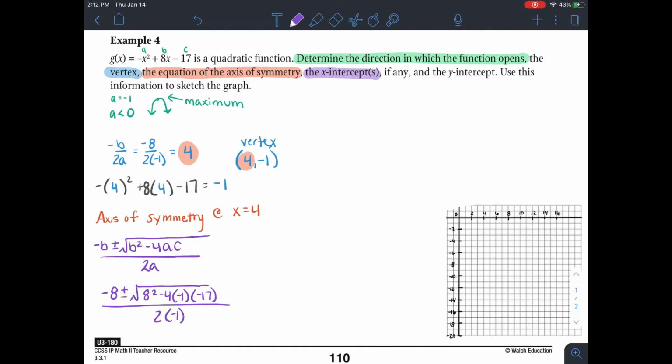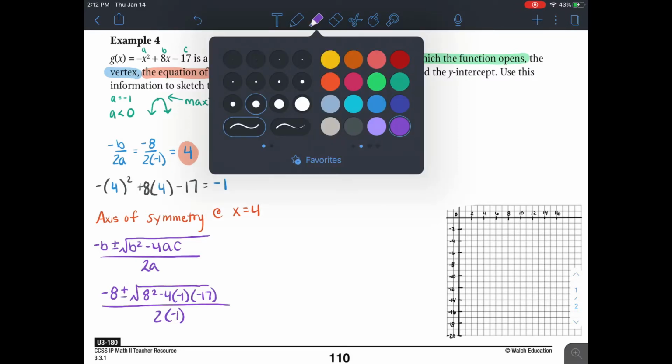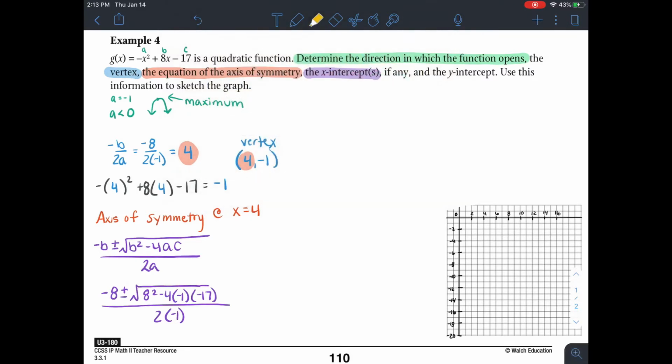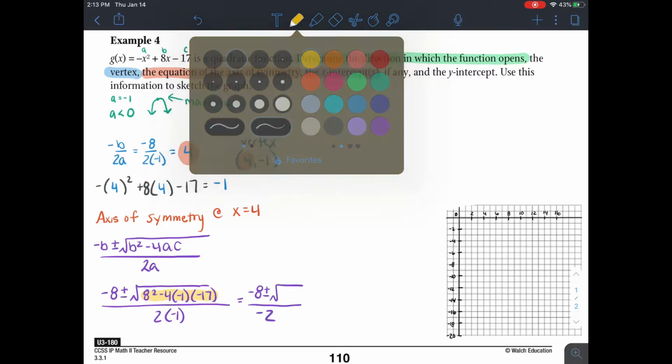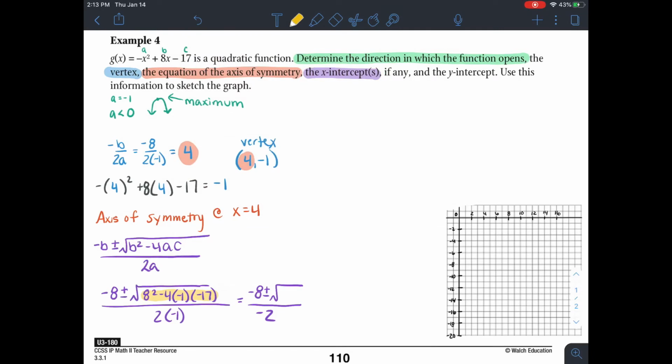Now remember, when we simplify these, we want to simplify piece by piece. So the first piece we're going to work towards is just simplifying what's underneath the radical. We leave the -8 plus or minus the square root out in front, and we're just typing in what 8 squared minus 4 times -1 times -17 is, and that's going to give us a -4.